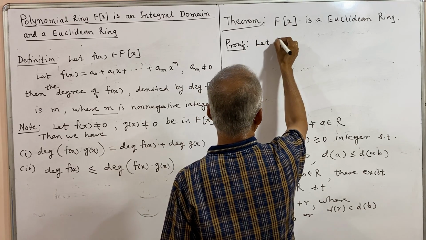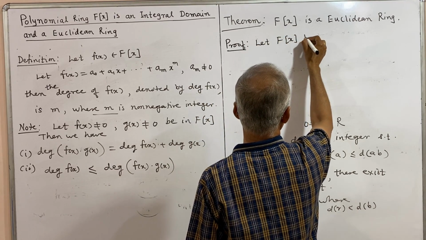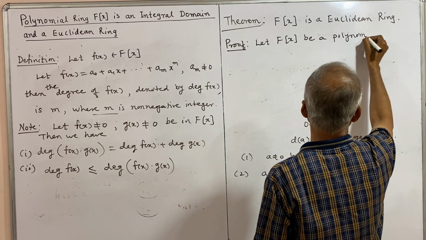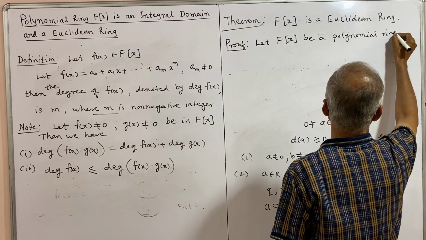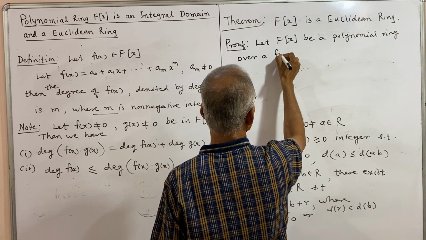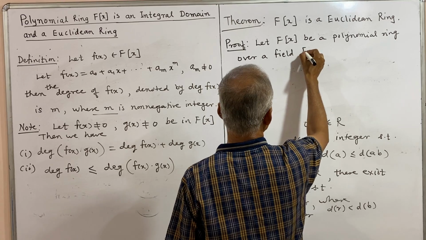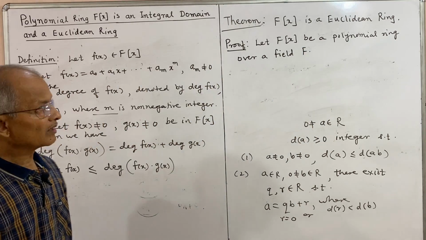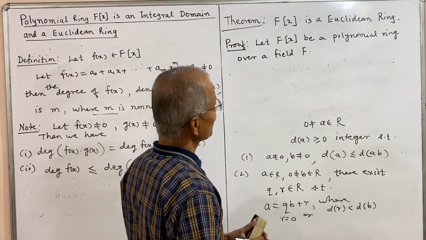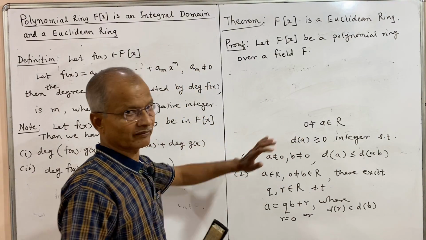Let F[x] be a polynomial ring over a field F, and we take the d function for this polynomial ring as the degree of f(x).